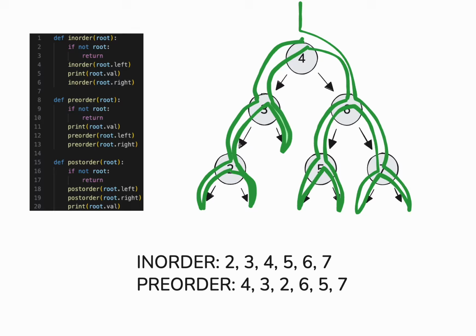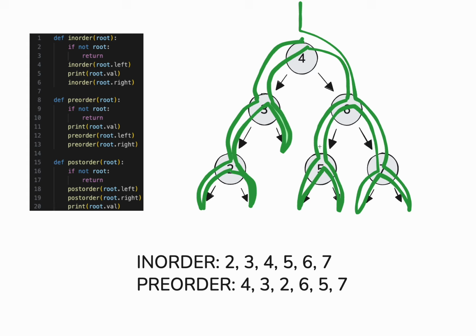So 4, 3, 2, 6, 5, 7. Whereas Inorder was kind of climbing up, like 2, 3, 4. Then it searched for the kind of bottom left corner.